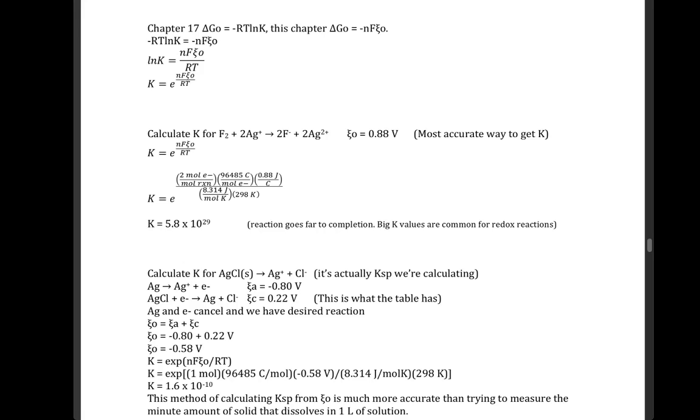If you do a unit check, you will find that they all cancel out, and we get K is equal to 5.8 times 10 to the 29th. Many redox reactions that are spontaneous have very large K values.